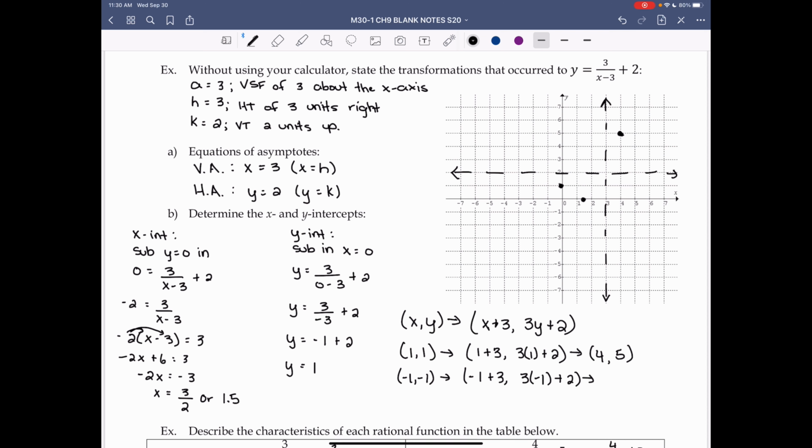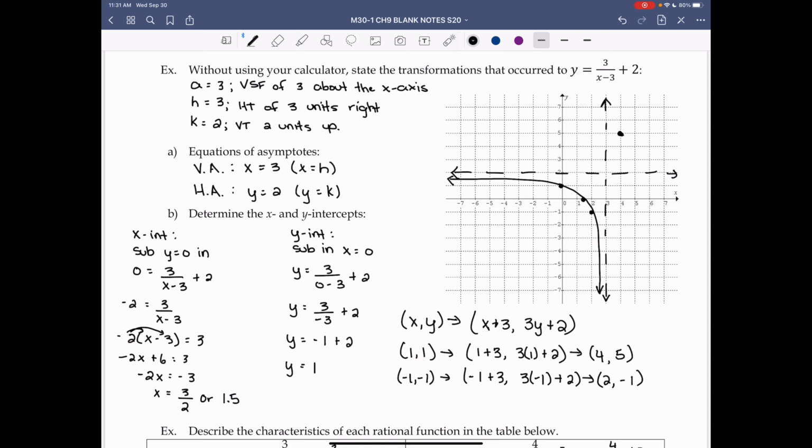We get 2, and negative 3 plus 2 is negative 1. x equals 2, y equals negative 1. That gives us a pretty good idea of what the curve's going to look like on the bottom left. We know that it's going to get close to the horizontal asymptote. It's going to come and curve through those points, and then it's going to get close to our vertical asymptote.